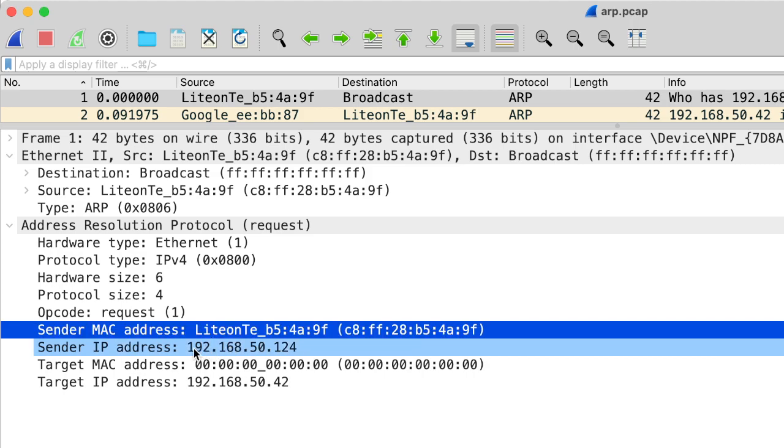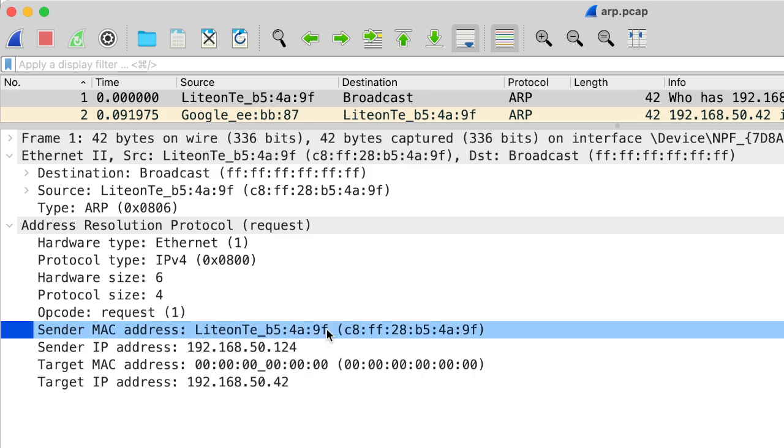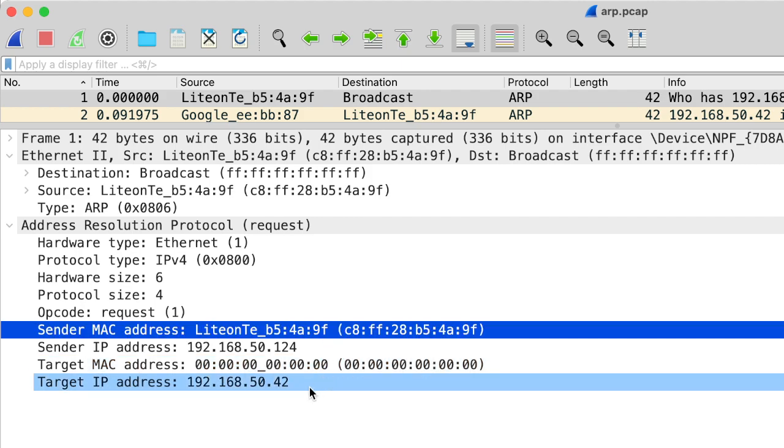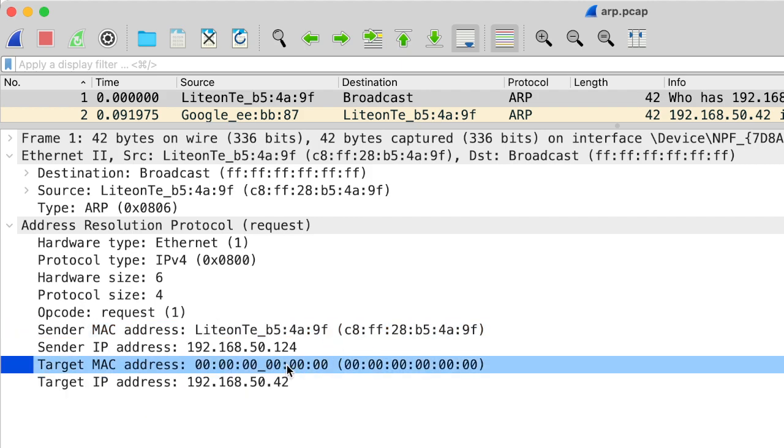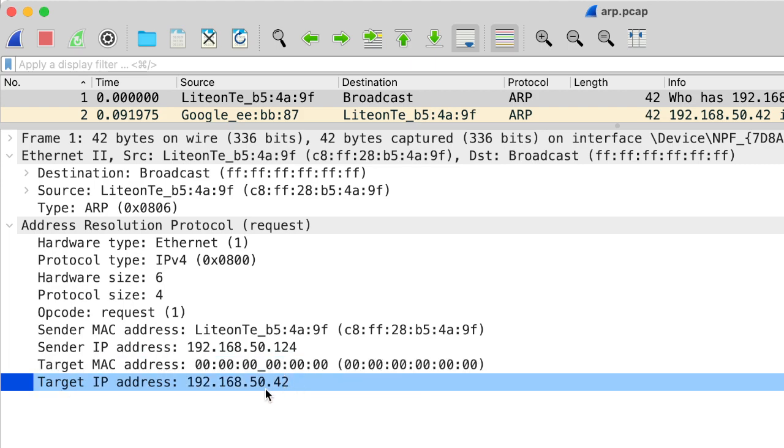I am this 124, and that is my MAC address. I don't know the target MAC address, so I simply use 00000 in this field. But I would like to know the MAC address of 50.42.